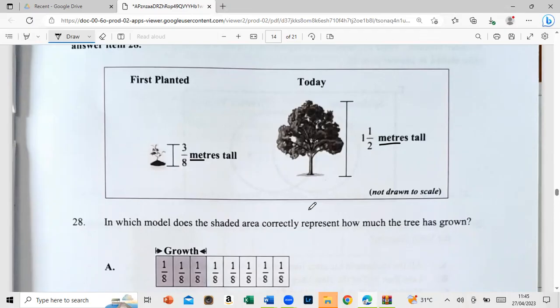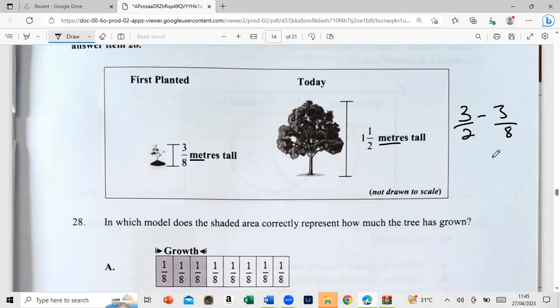All right, they didn't give us a time period, so what we can do is find the difference between what it has grown. I'm going to subtract 3/8 from 1.5, which is 3/2. Minus 3/8.